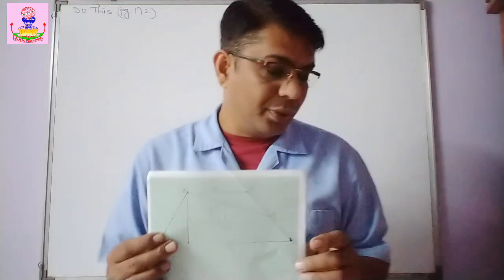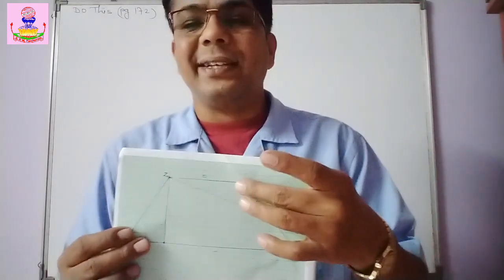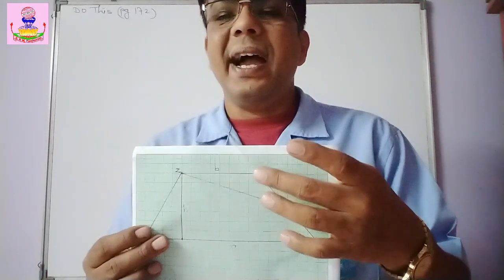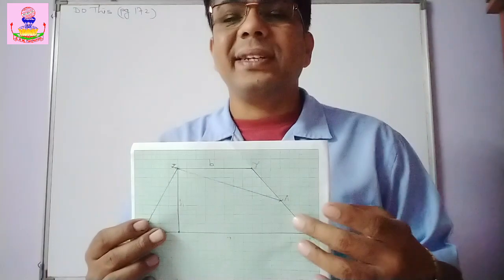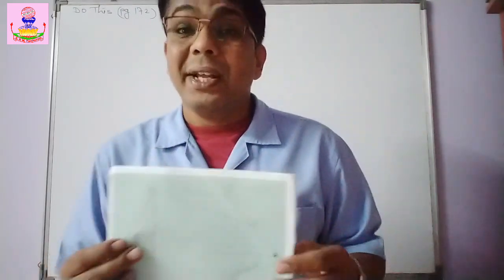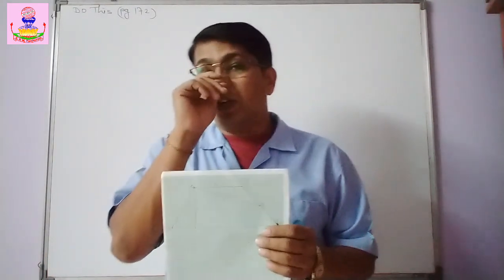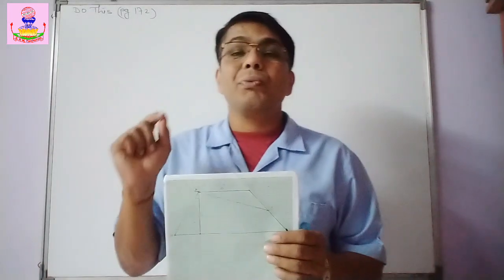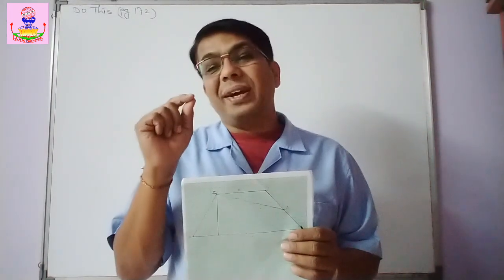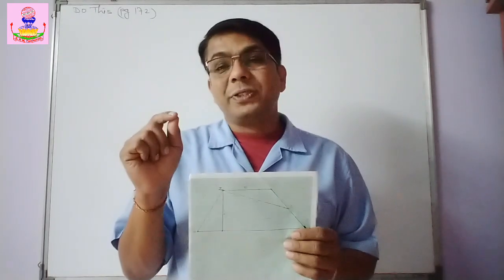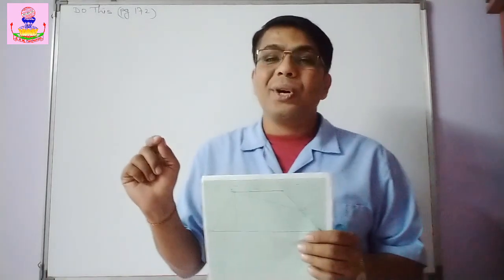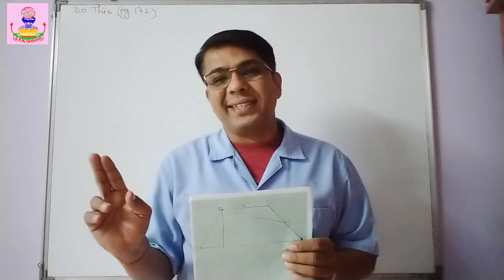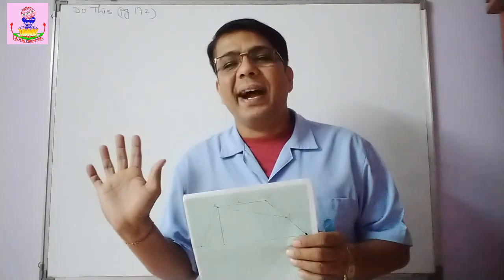Now you are supposed to cut this triangle and then try to connect it here. See what you get. By this activity, we are going to verify the formula that we have got, that is, area of trapezium is equal to half into sum of the parallel sides multiplied by height.